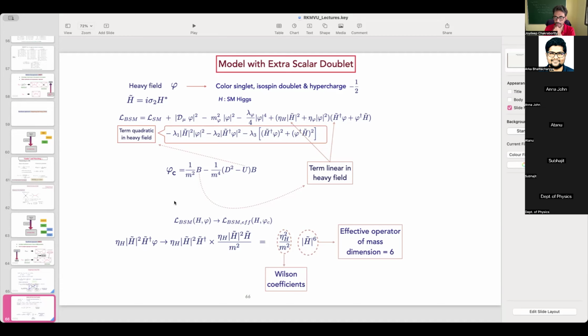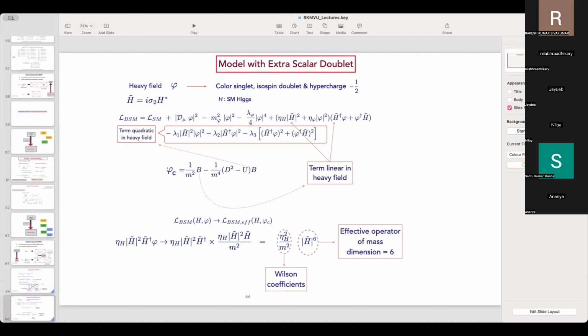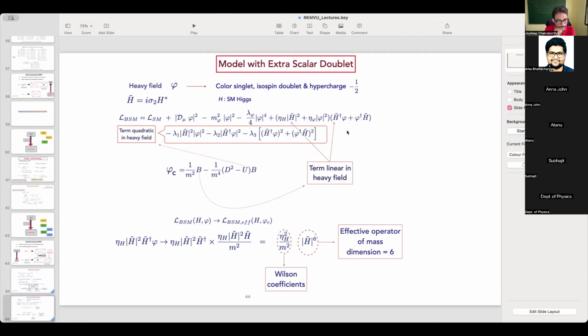Sir, one small question. Is this always guaranteed? If I have a theory at the new physics scale, like the lambda scale, and I run my theory down to the low energy effective field theory, during this running or matching calculation, will my UV divergence always go out? The idea is the following.